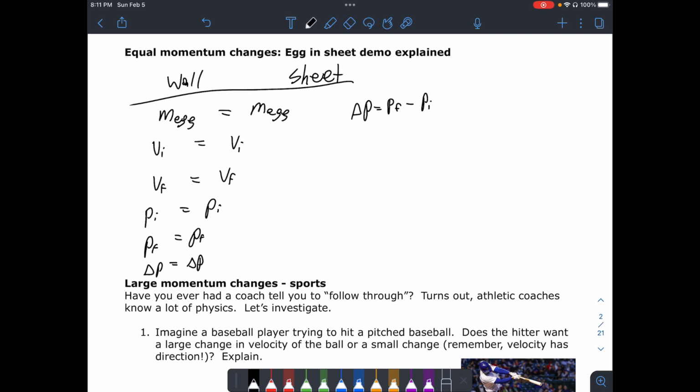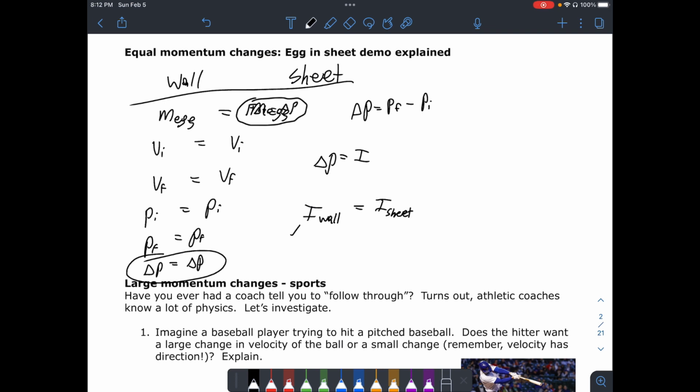Our change in momentum, we're going to use an equation from above. We also called our impulse. And the difference in these situations is our impulse for the wall is still equal to our impulse of the sheet, right? Because our changes in momentum are the same.